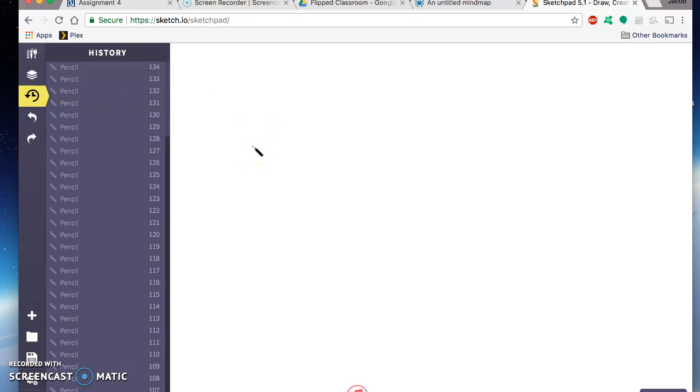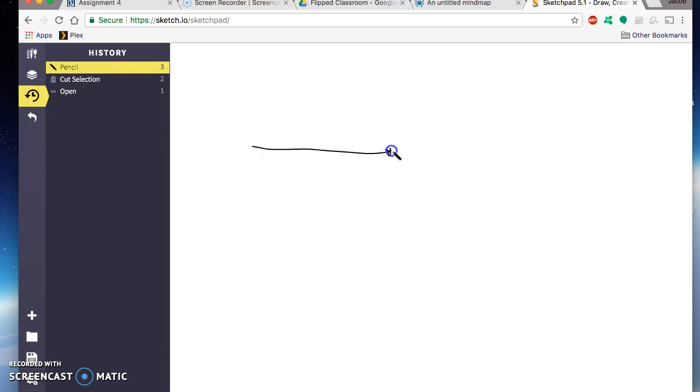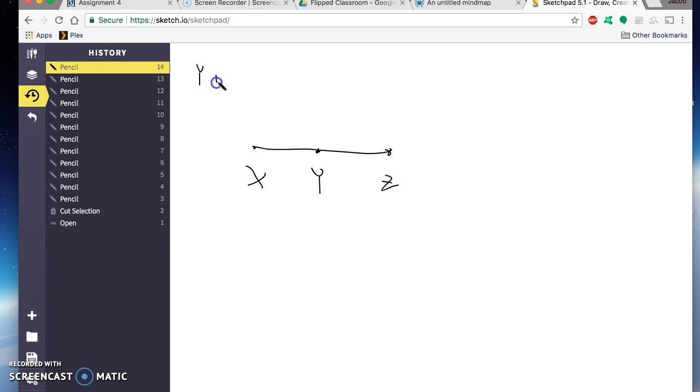Alright, so this is kind of the second part of the lesson. Say we have another line. Let's go from X to Z, and it has some point Y right in the middle. And I tell you Y is the midpoint of that segment.